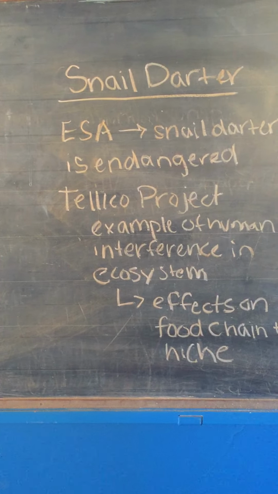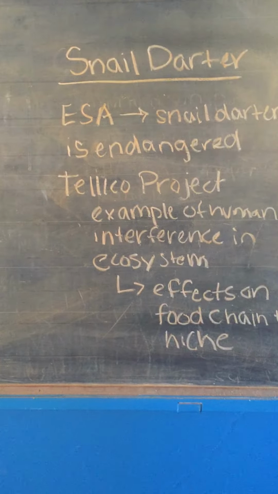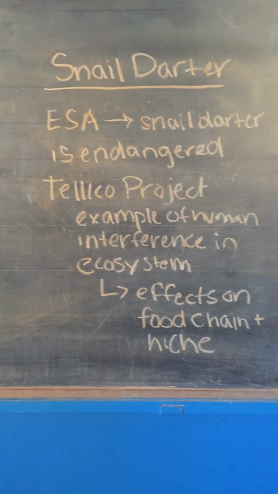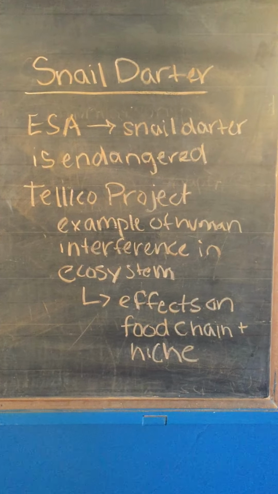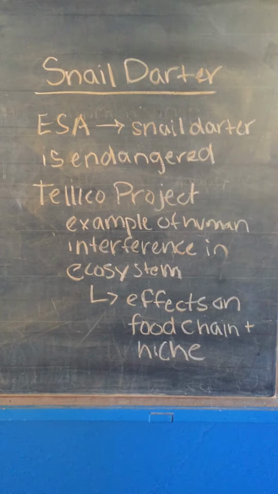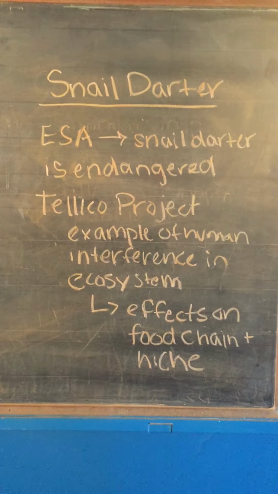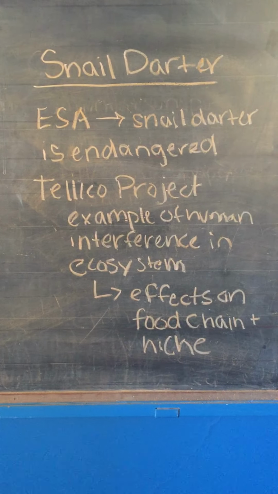Without the snail darter, those secondary carnivores on the fourth trophic level would then be without their main source of food and therefore without their main source of energy, which could in turn lead to them becoming extinct as well. It would also cause overpopulation of the snails and insects because one of their main predators would no longer be around to eat them.